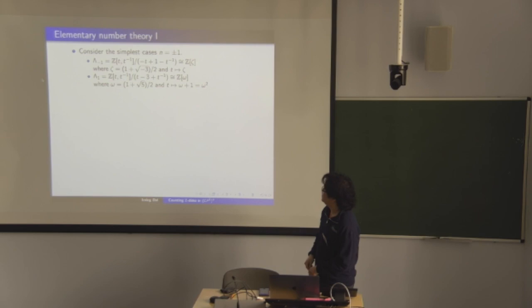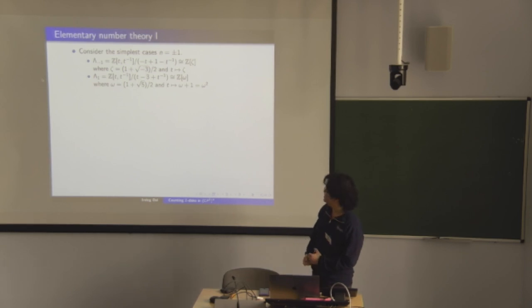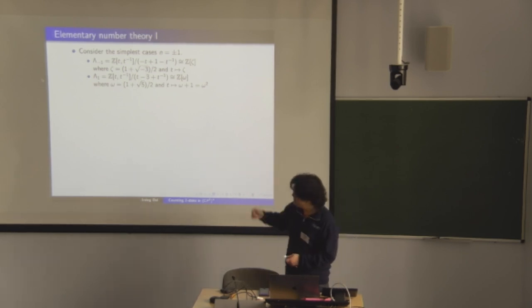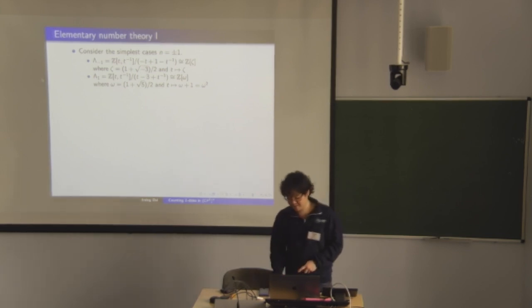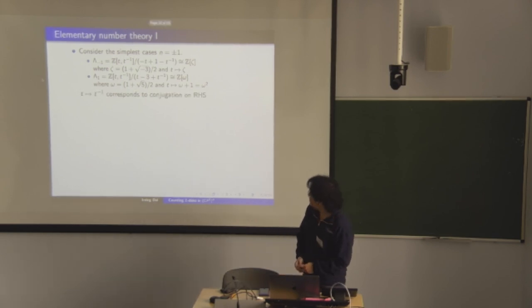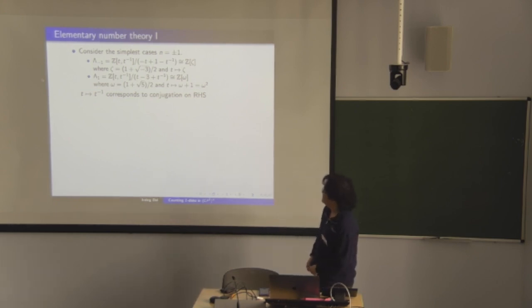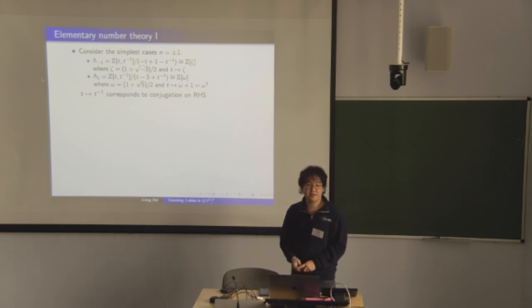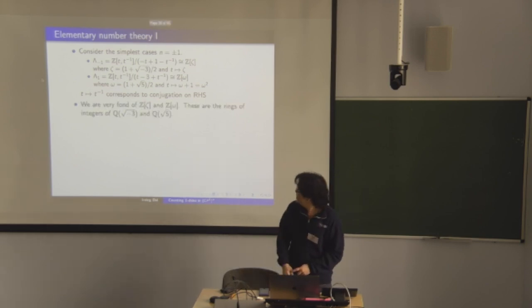So this quotient ring is just Z adjoin omega, where omega is this irrational number. You can check that the correspondence sends T to omega squared, because omega is not quite the root of this polynomial. And notice that the conjugation T goes to T inverse corresponds to negating the sign in front of the radical under this correspondence.